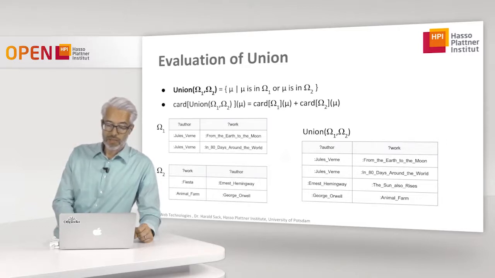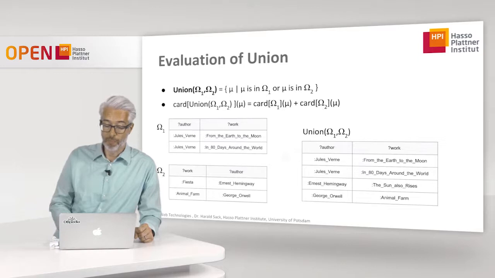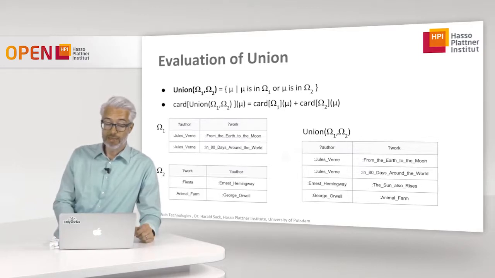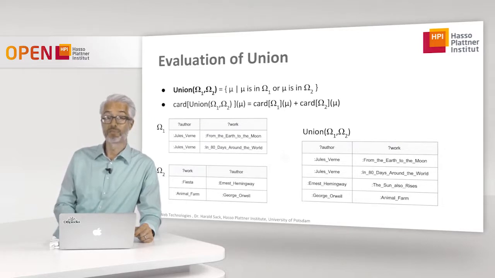If I compute the union of both, you see I have identical variables which can easily be combined, and then I simply build the union of both. So you see here the result of the union of omega 1 and omega 2 according to the definition. Okay, union was quite simple.